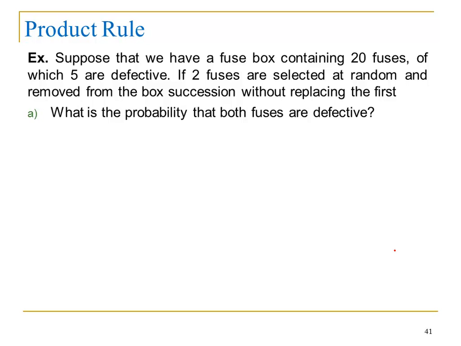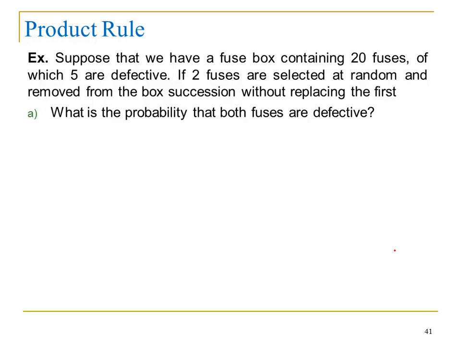So we have some numbers here that we can use to compute some probabilities. If we choose one from the box, what will be the probability of that one being a defective fuse based on those numbers? 5/20, that's correct. And what will be the probability of the second one being defective?